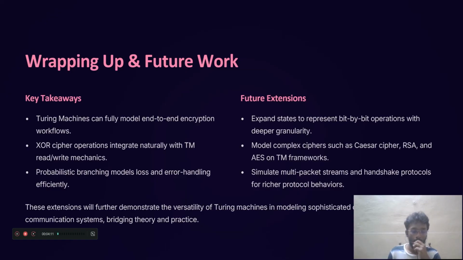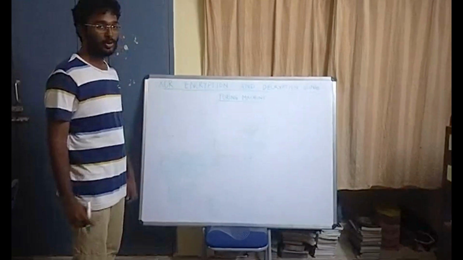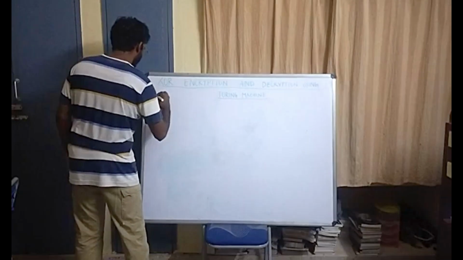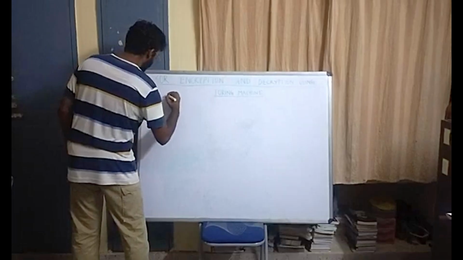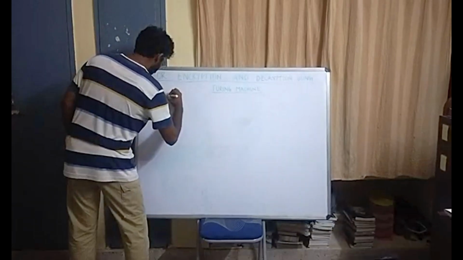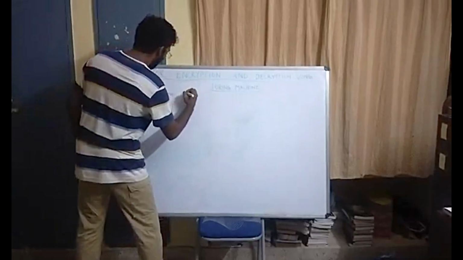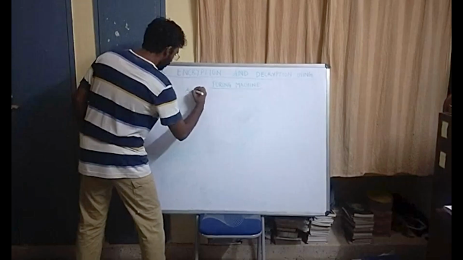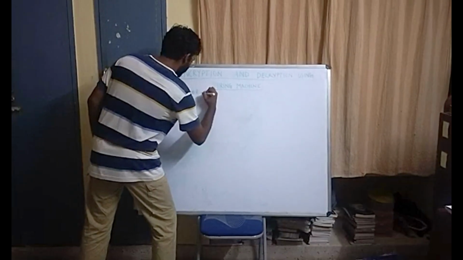So let's look into how exactly this encryption and decryption happens. We're going to see XOR encryption and decryption using a Turing machine. So let's take a sample message. Let's say A is our message, and we are going to encrypt it using XOR. So A XOR B is our encrypted message.